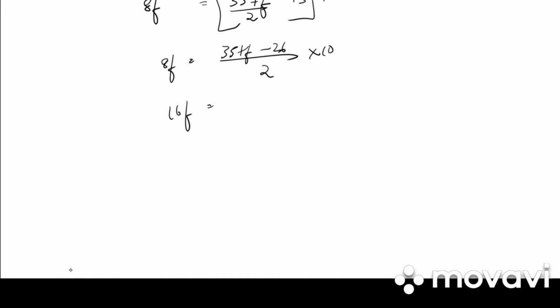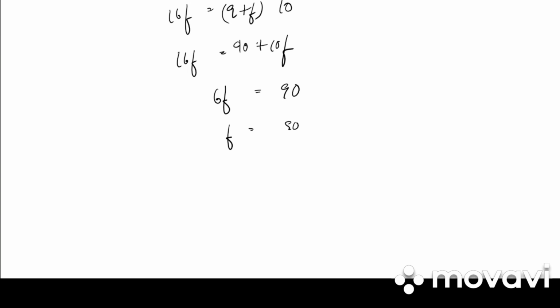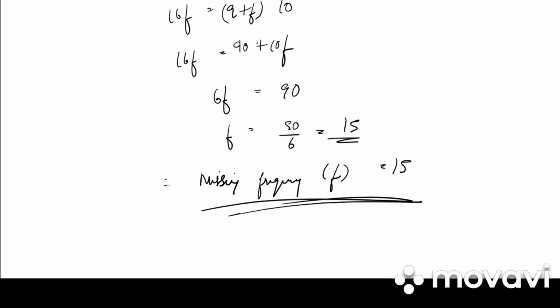So 16F is equal to 35 minus 26, how much? 9 plus F into 10. 16F is equal to 90 plus 10F. 6F is equal to 90. F is equal to 90 by 6, that is 15. Therefore, missing frequency, that is F, is equal to 15.